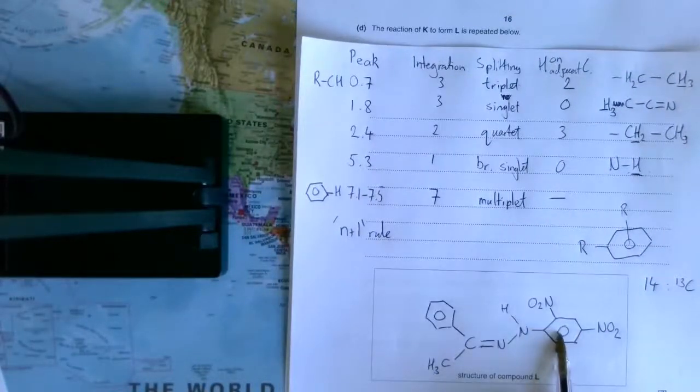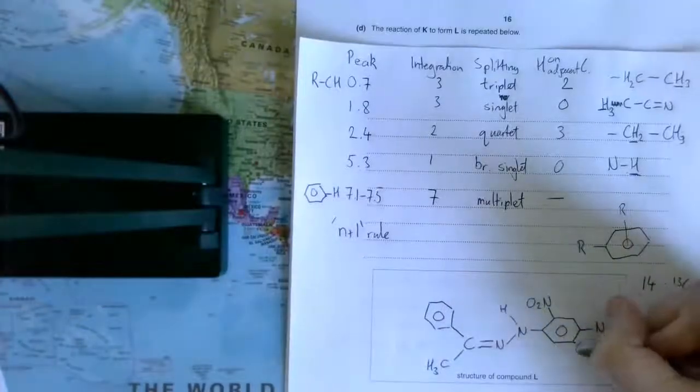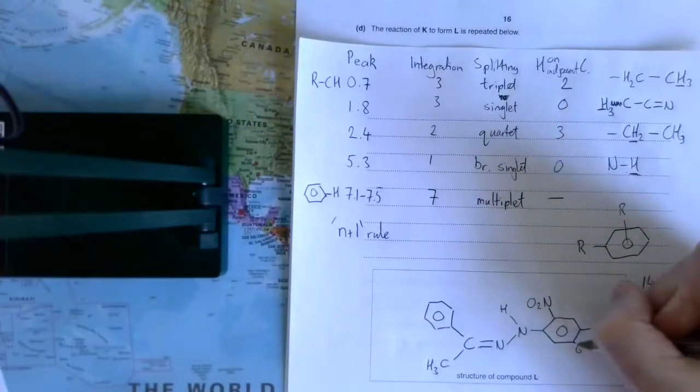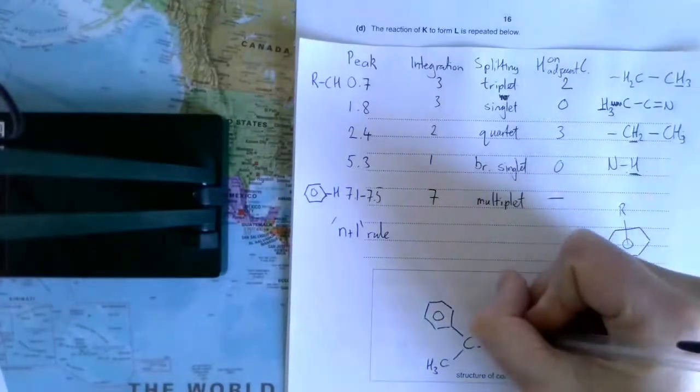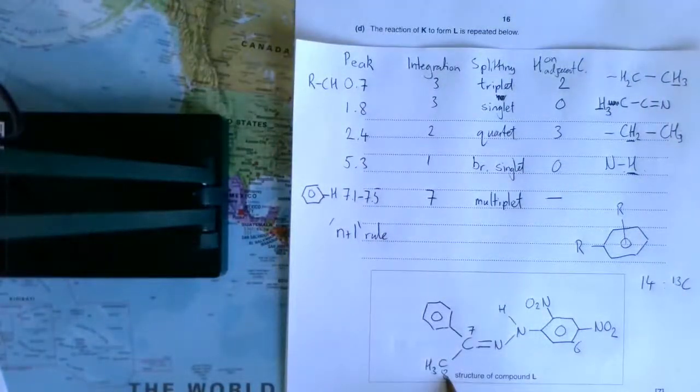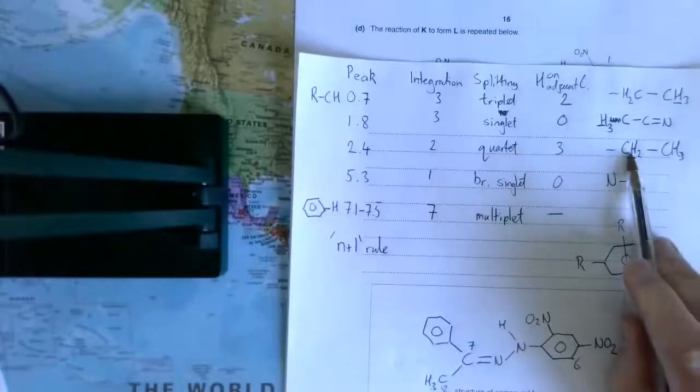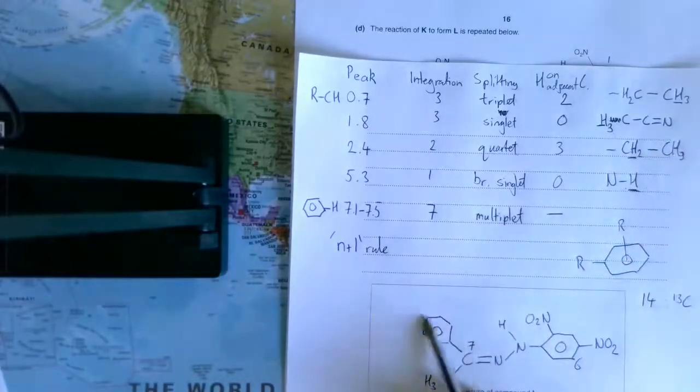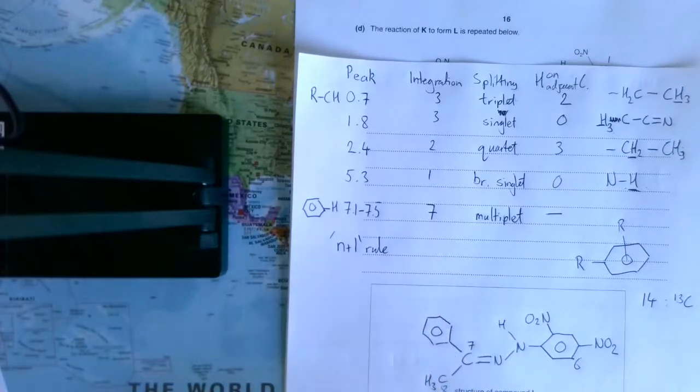This is not symmetrical, so there are 6 here. 1, 2, 3, 4, 5, 6 around the ring. We've got 7, we've got 8, and then the CH2, CH3 would be 9 and 10. So somehow we need to get 4 environments out of this ring system here.